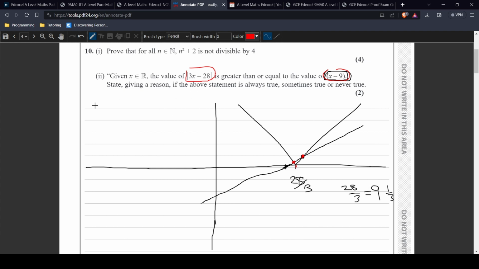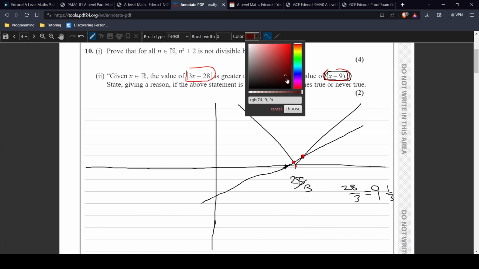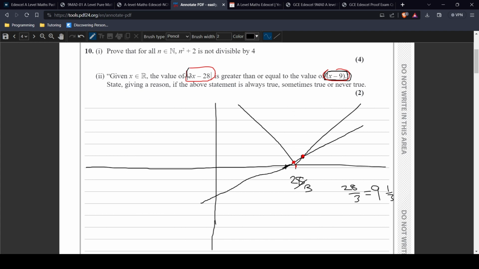If we substitute 28 over 3 into here, we get 3 times 28 over 3 minus 28, which in the modulus is just 0, but 28 over 3 minus 9 is a third. And 0 is less than a third.